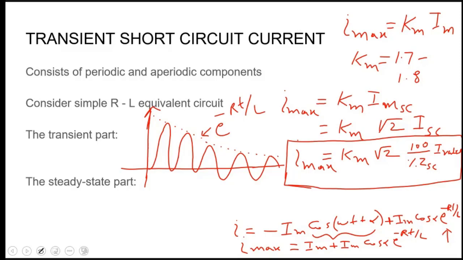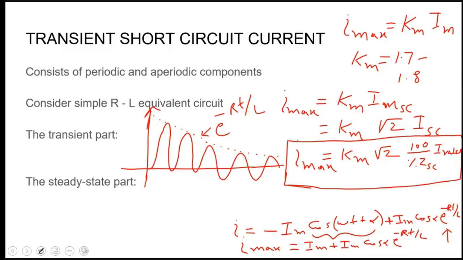Now how to calculate these forces? With this we have an idea of the short circuit current, and now let us go into the calculation of the mechanical forces. How do we calculate them?